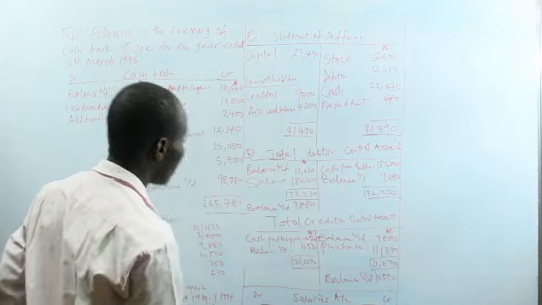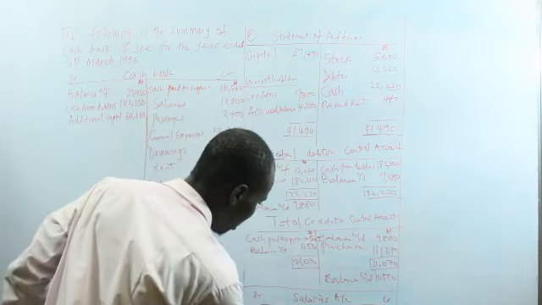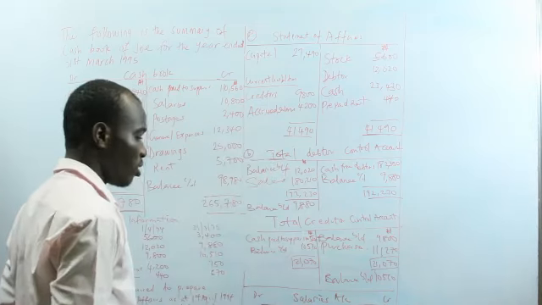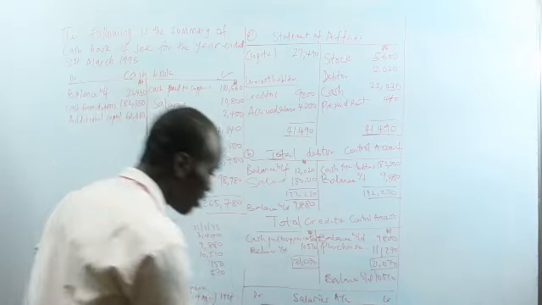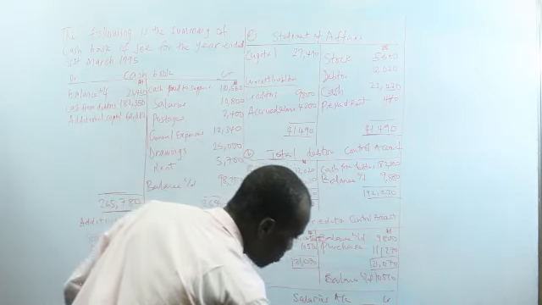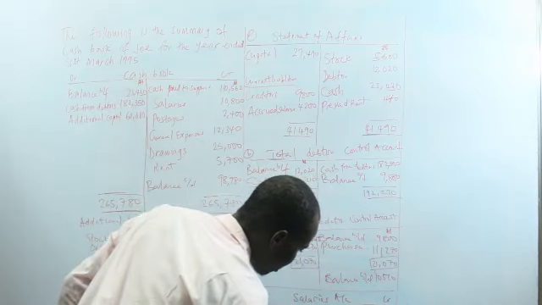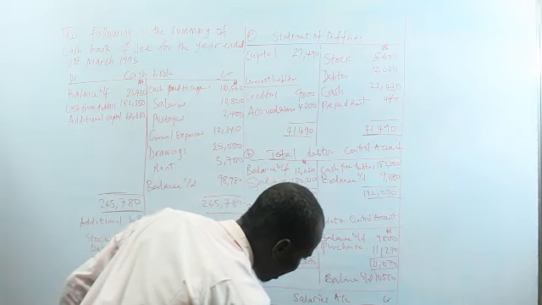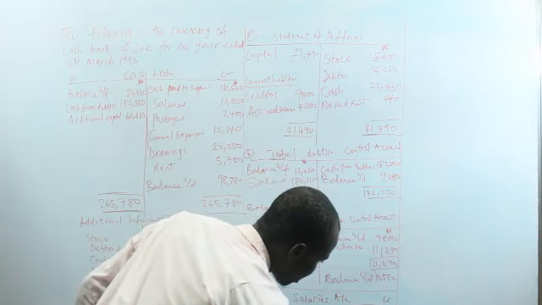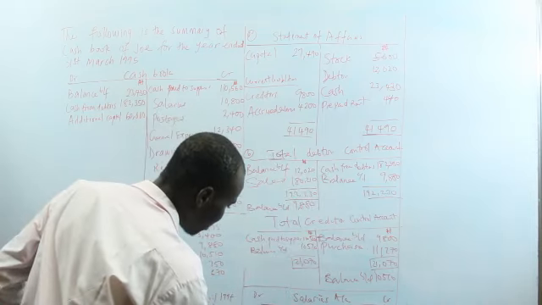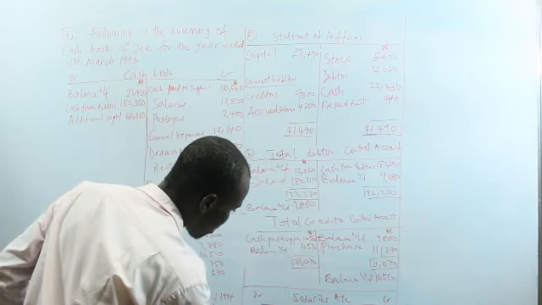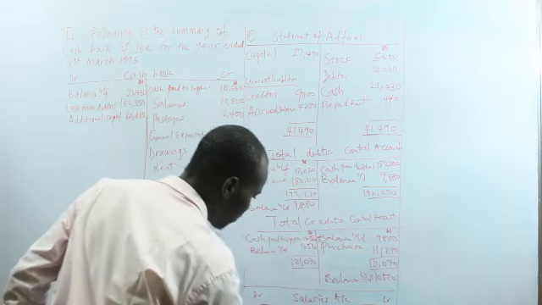How much salary was paid? 10,800. We have accrued salary again at the end of the period, which is 750. We can then close this. That means the balance brought down as accrued salary in the next accounting period is 750, and for us to have balance brought down, carried down must have been here, 750.